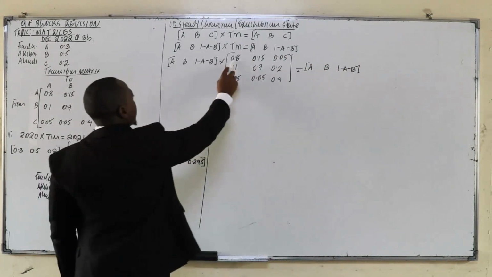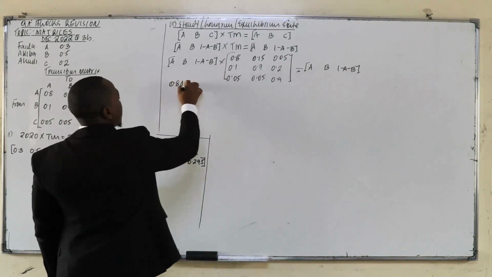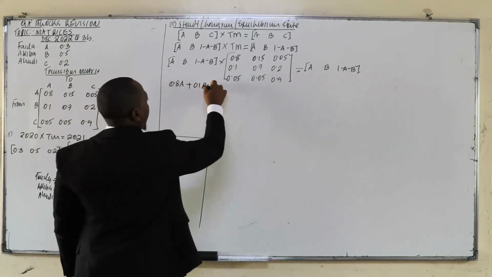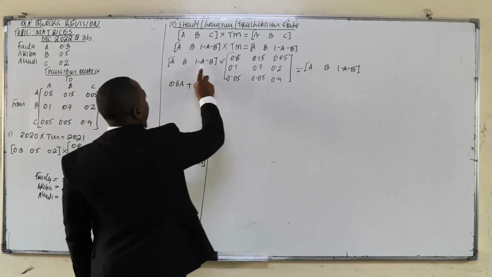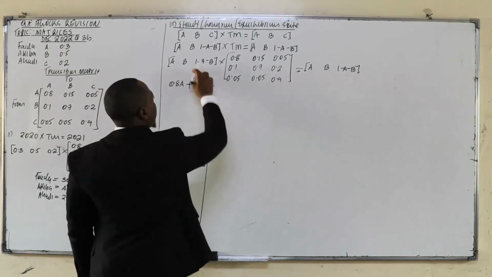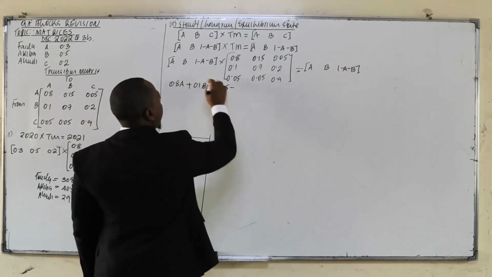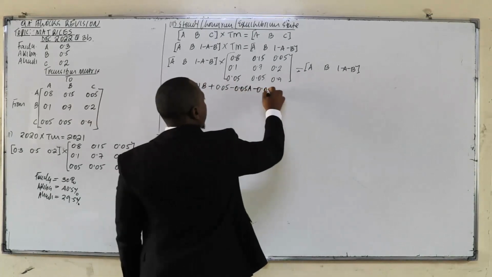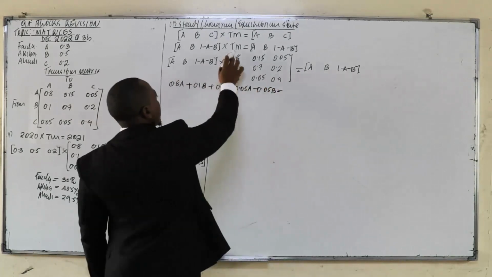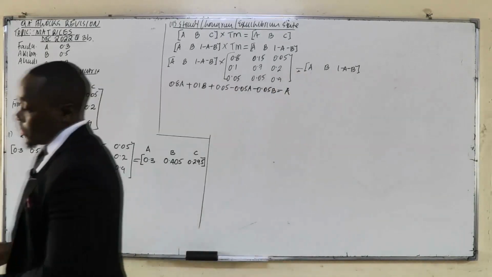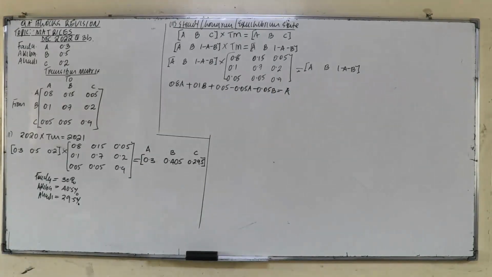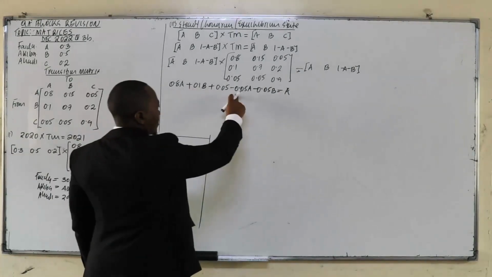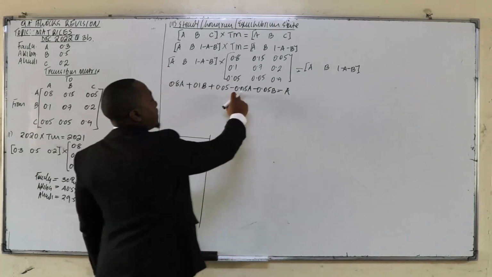So it will be A times 0.8 to get 0.8A plus B times 0.1, you get 0.1B plus 1 minus A minus B multiplied by 0.05. So it will be 0.05 minus 0.05A minus 0.05B. And if you take first row, first column, you'll get A. So you bring the like terms together. 0.8A minus 0.05A minus 1A.